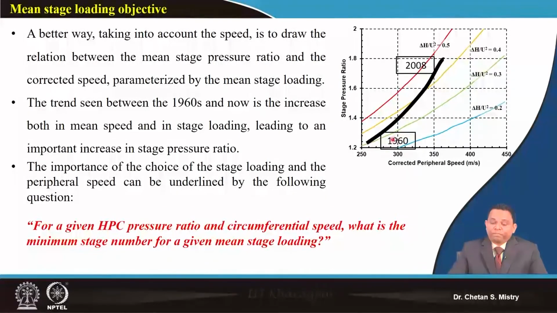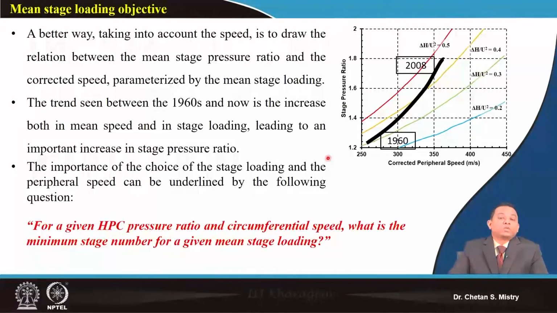If you look carefully, it states my mean loading factor or mean stage pressure ratio and my peripheral speed have all increased by some amount. And this is a recent trend. Now the question that comes to us is, for a given HPC pressure ratio and circumference speed, what will be the minimum number of stages for a given mean stage loading.